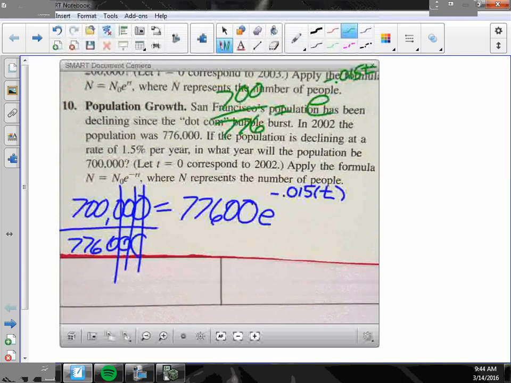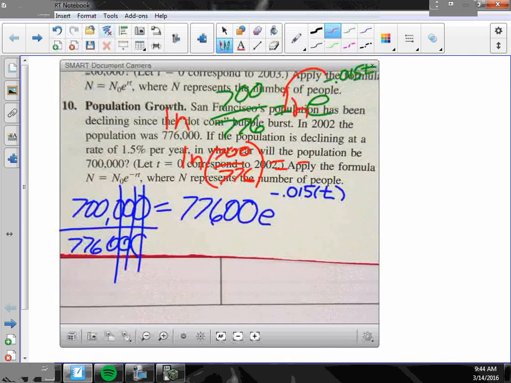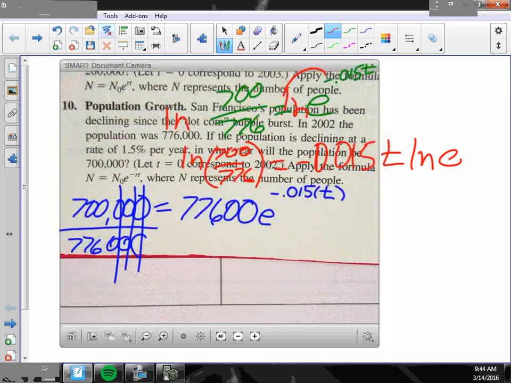Now I natural log both sides and I drop this. So ln of 700 over 776 is equal to negative 0.015t ln of e. But the ln of e is 1, and that's why we have an ln button on our calculator.